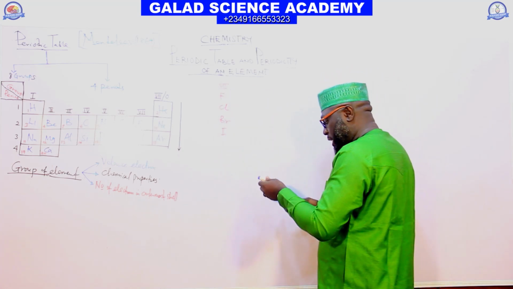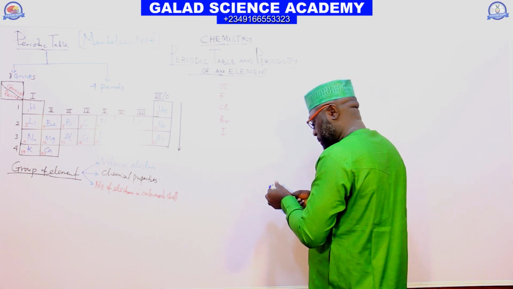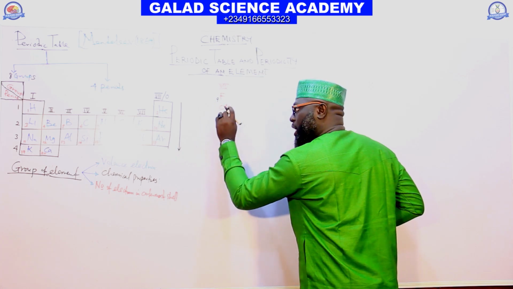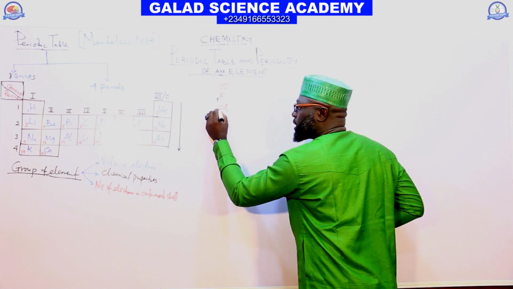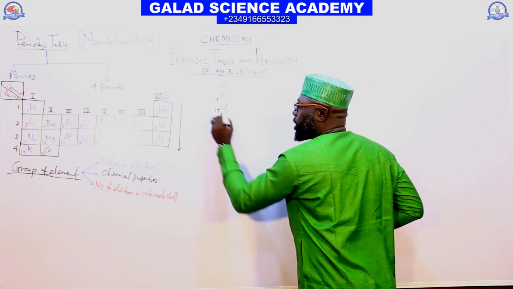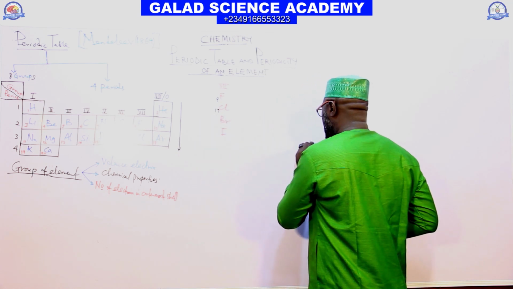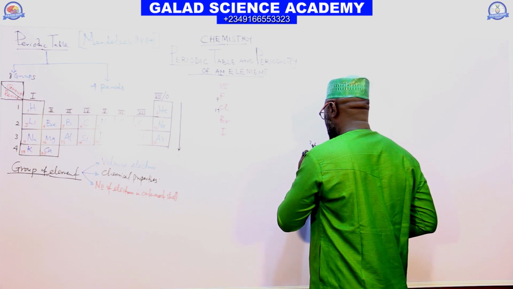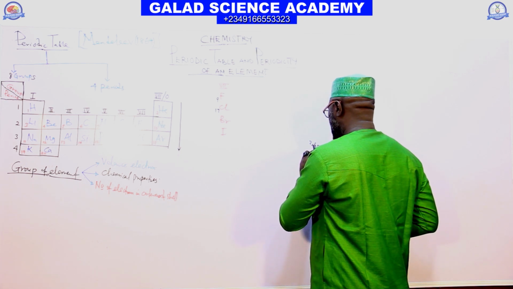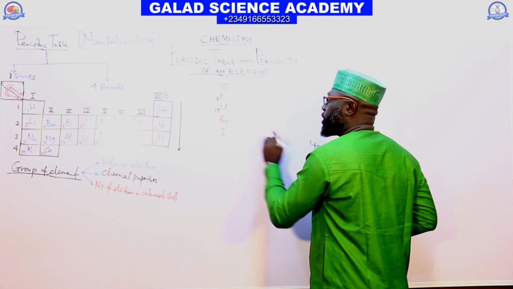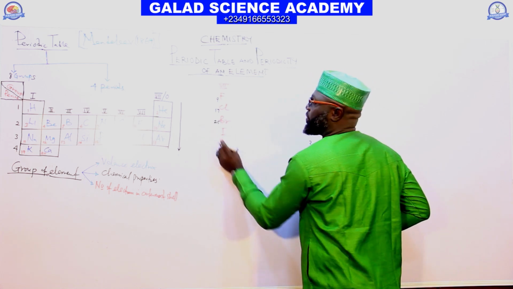Let us check this halogen family. The atomic number for fluorine is 9. Chlorine is 17.